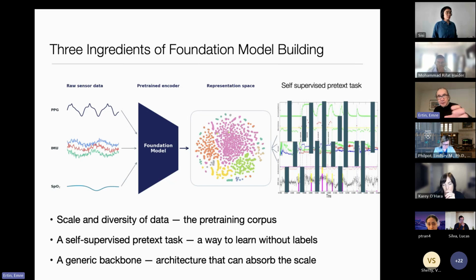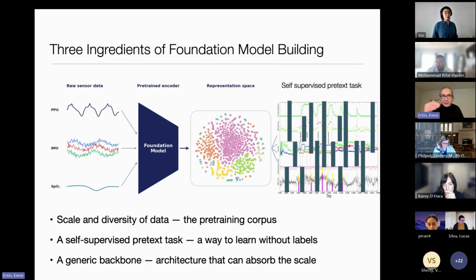And finally, we need a network structure deep enough that can absorb the scale of the data that we are giving. So it has to have enough weights, basically, to be able to learn all the peculiarities of the data we present.